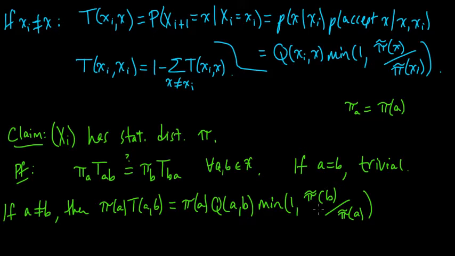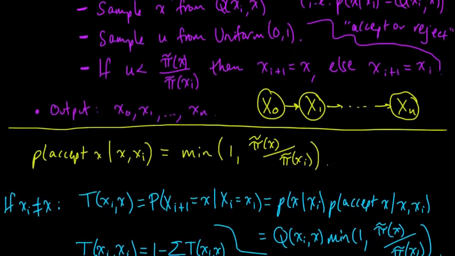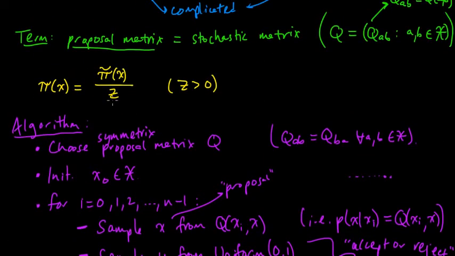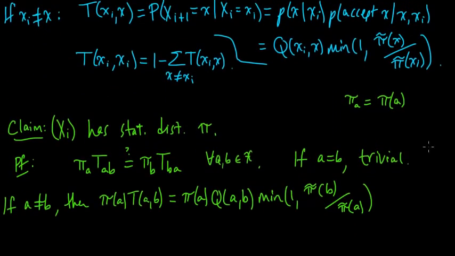And now, since pi tilde equals pi up to a normalization constant, if we multiply and divide by Z here, then we just get pi of b over pi of a. So in fact, we can rewrite this by replacing the pi tilde with a pi. And now we have pi a over here.